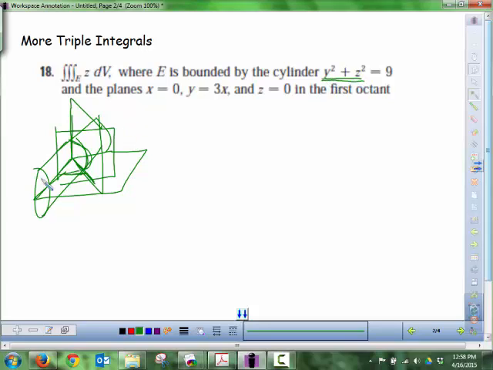Because of this cylinder that goes along the x-axis like this, I'm probably interested in having this y squared plus z squared is equal to 9 as a region on the yz plane that I'm going to work with my double integral. And so that probably means if my double integral, my two-dimensional region is going to be restricted on the yz plane, I would probably want to integrate with respect to x first.